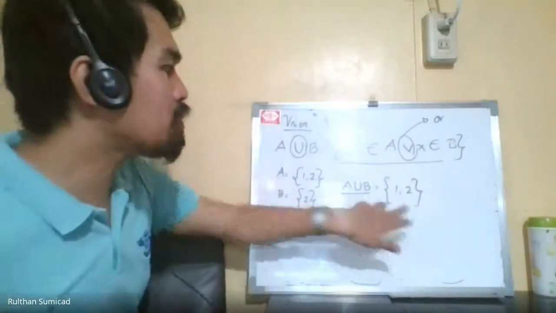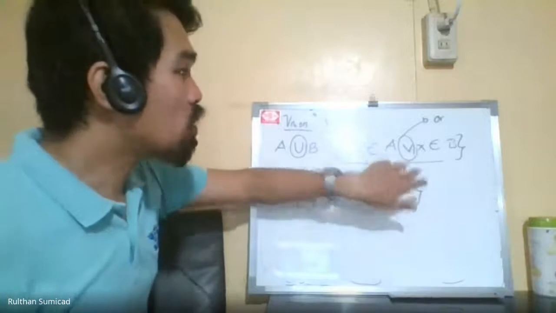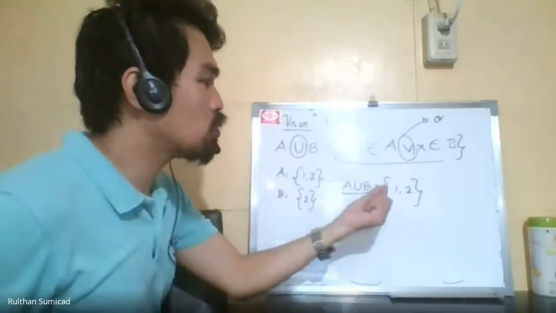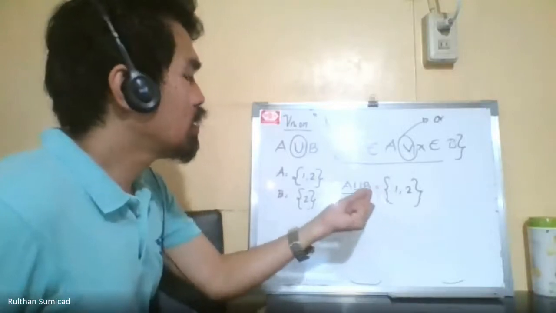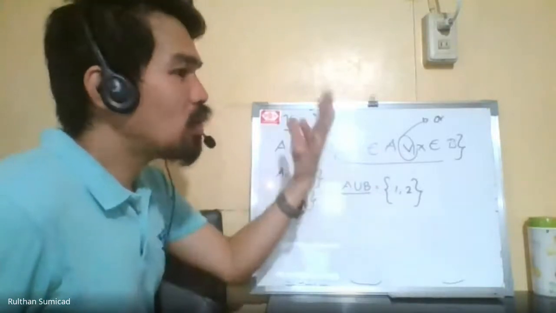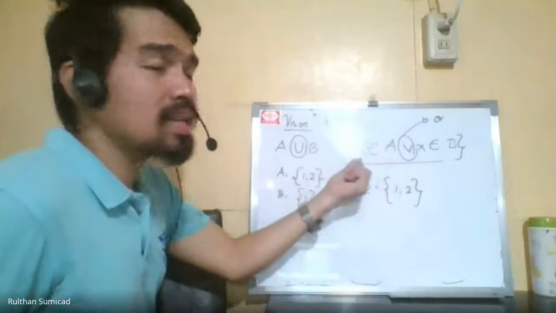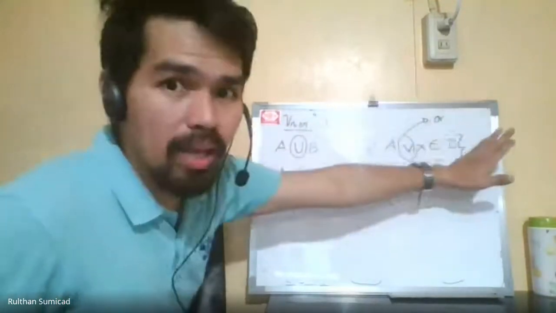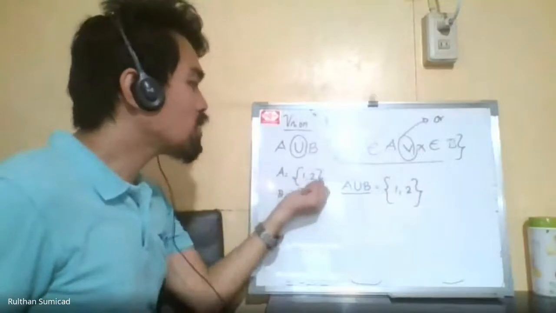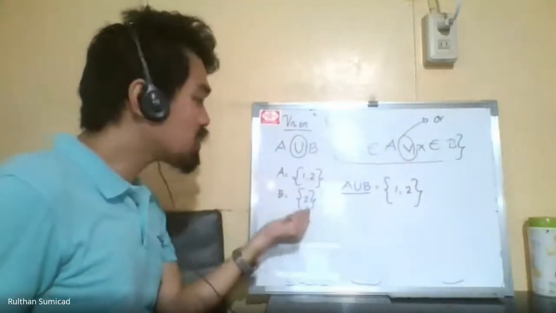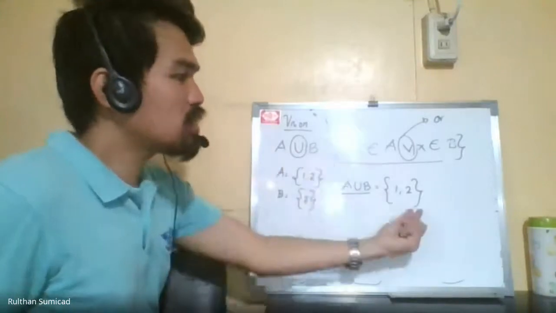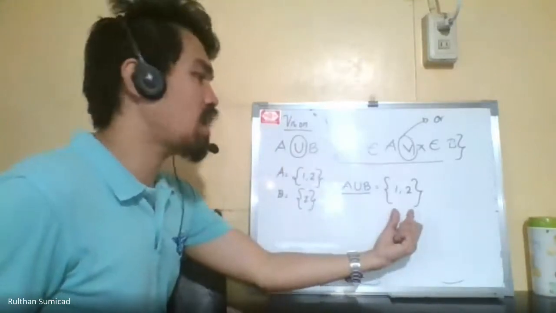You notice my elements for A union B are 1 and 2 because, according to the description, when you apply union to two sets, we are only acknowledging every single element that is an element of A or an element of B. In this case, 1 and 2 are elements of A. You notice that 2 is also an element of B, so we're just going to recognize it once in our union.